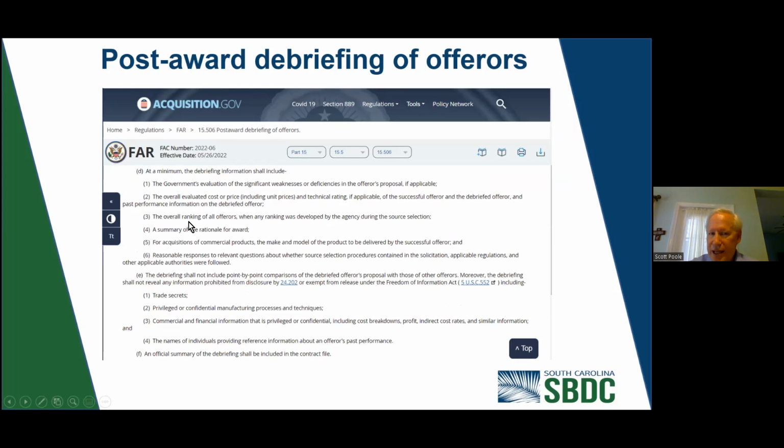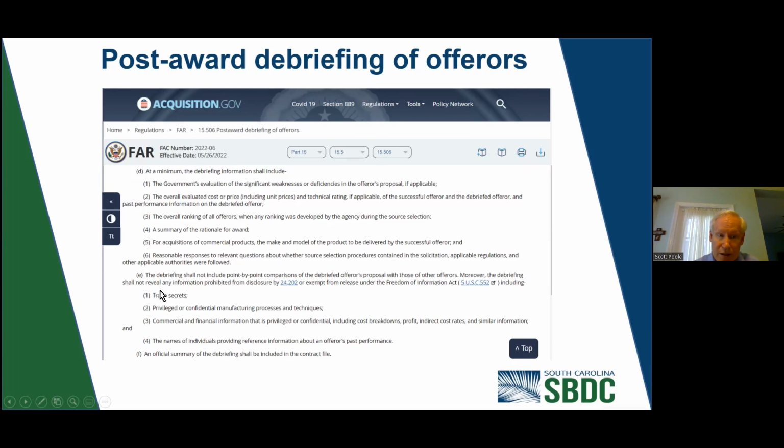So the overall ranking of all offers says, hey, you came in second place, or you were in third. So it'll give you a summary of the rationale for why they made that award. Reasonable responses to relevant questions, so you want to put those together if you can. But also, the debriefing is not going to include a point-by-point comparison of the debriefed offeror's proposal with those of the other offerors. That won't happen. It's going to be general.